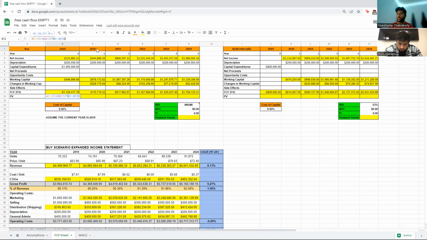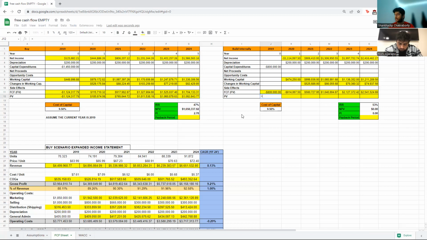So the next cell changes to 2020. 2020 minus 2019 is 1, which makes sense because 2020 is year 1. 2021 minus 2019 is 2. It's year 2, makes sense. So that's why I'm going to write the formula like this. I hard-coded the 2019 just because the current year is 2019, so it's just easier. Let's drag it across, and those are the numbers we should be expecting.